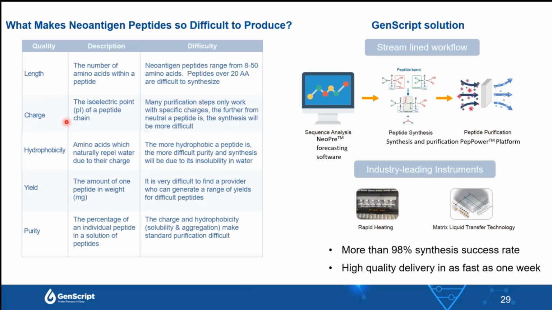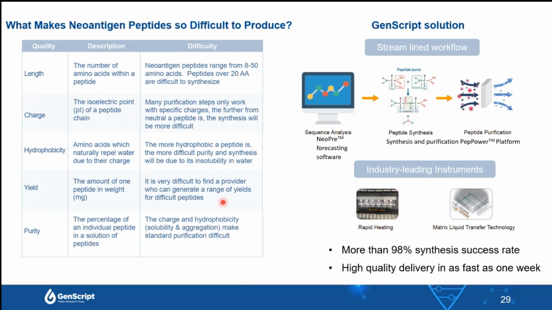And also the charge will affect the purity, and the hydrophobicity also affects the purity and makes the synthesis harder, because it's hard to dissolve in water.